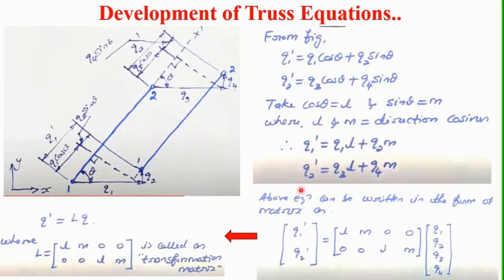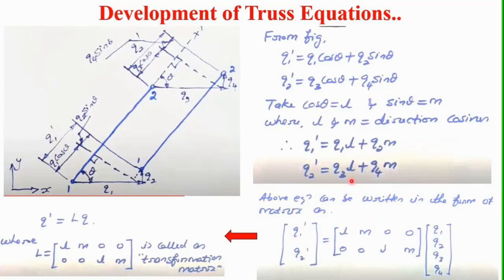Now these two equations can be written in matrix form. Q1 dash and q2 dash is equal to l into q1 plus m into q2 plus 0 into q3 plus 0 into q4.